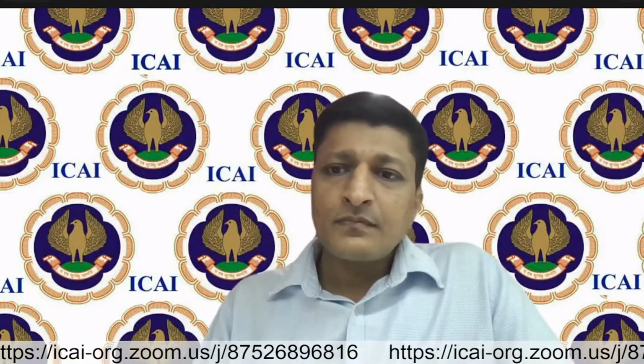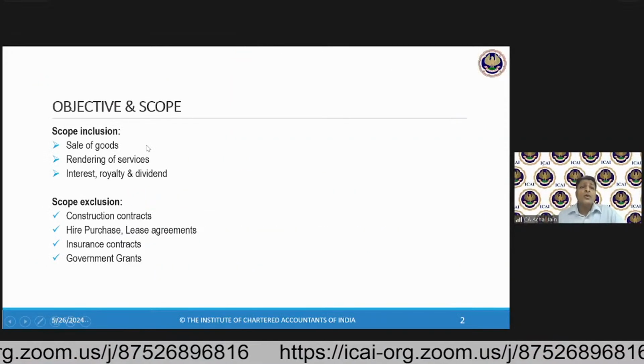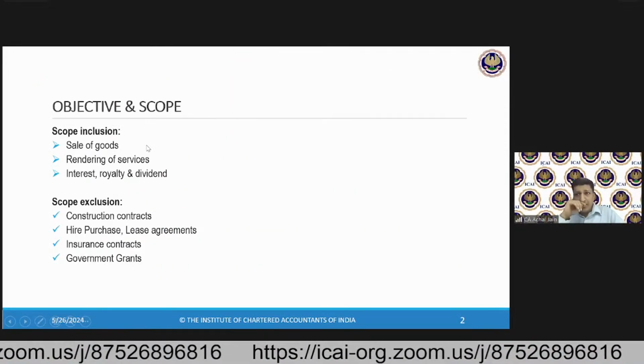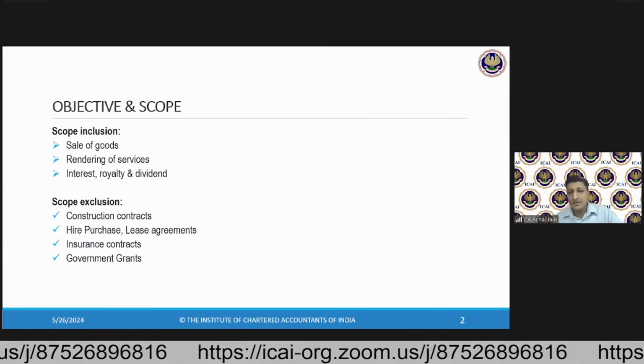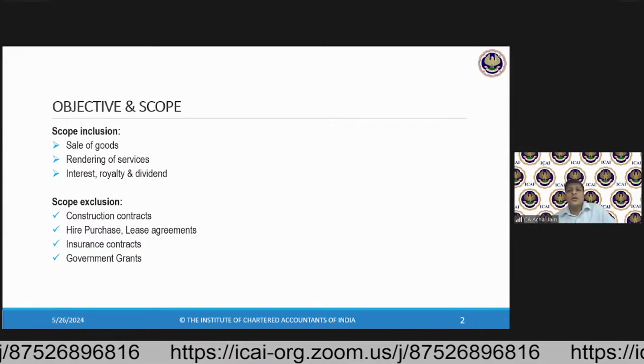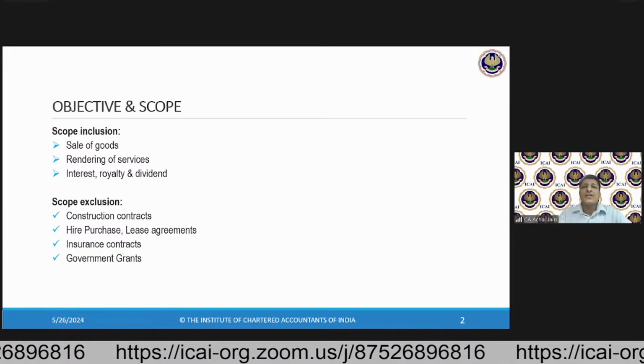Now moving on to the next very, very important topic, and that is revenue recognition. What do you mean by revenue recognition? I would say it's a continuity of what we have done in AS7. Revenue recognition is what we discussed in case of AS7 also.